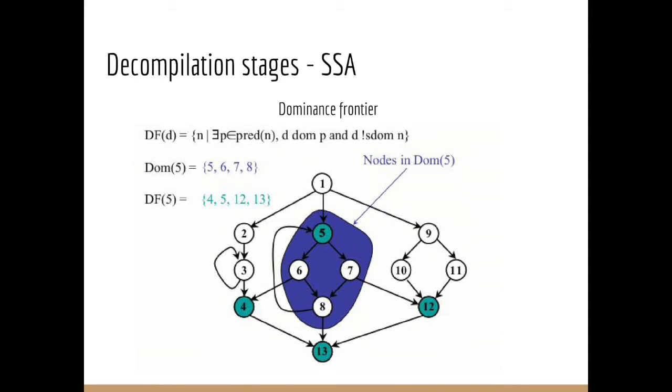It's the fifth node, sixth node, seventh node, and eighth node. You can see it's in the blue area. And why? Because those nodes dominate nodes like 4 or 12, and the dominance frontier is marked as green nodes. It's the 5th, 4th, 11th, and 13th nodes.